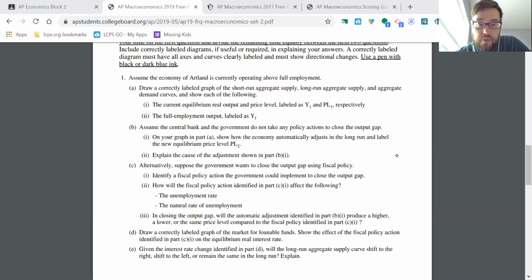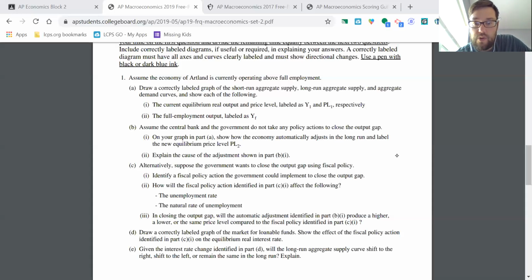I don't have the graph up now, but the price level increased, right? So the automatic adjustment comes back, we close that inflationary gap, but at a higher price level is where we end up.